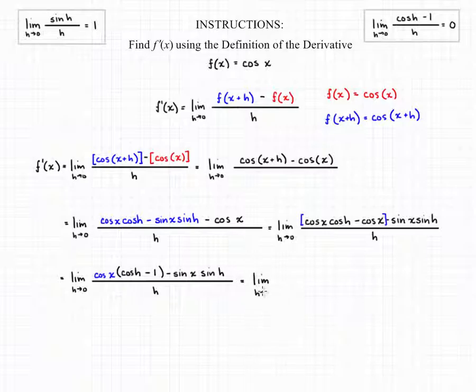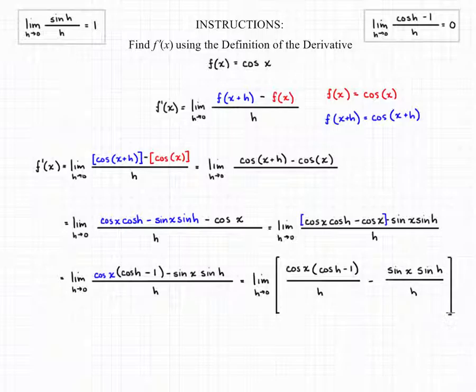From here, we're going to split our big fraction into two smaller fractions, which will allow us to simplify using some limit definitions. We'll have the cosine of x times the cosine of h minus 1 over h, minus the sine of x times the sine of h all over h.